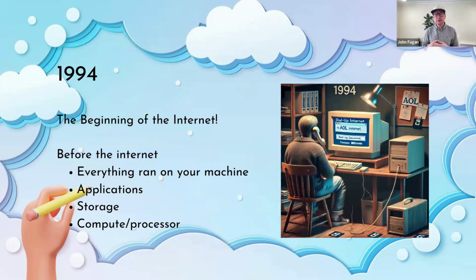And then everything was stored. All your files were stored on that particular machine. And actually, the machine did all the processing. So the compute part of it used the CPU. It was all used for your applications.